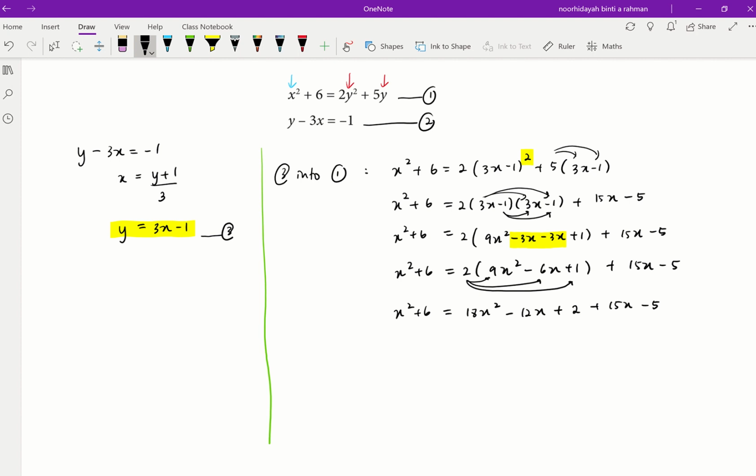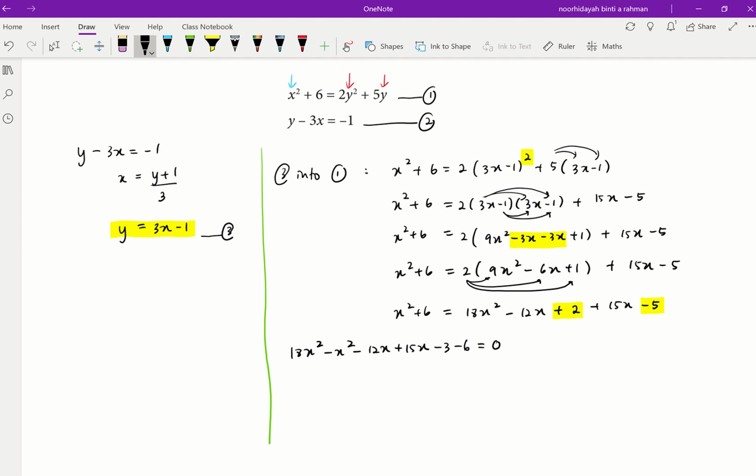So it becomes 18x squared minus x squared minus 12x plus 15x, and these numbers become negative 3, minus 3 minus 6 equals 0.